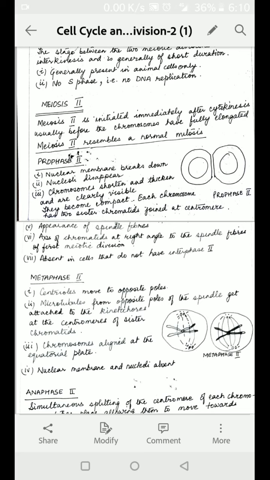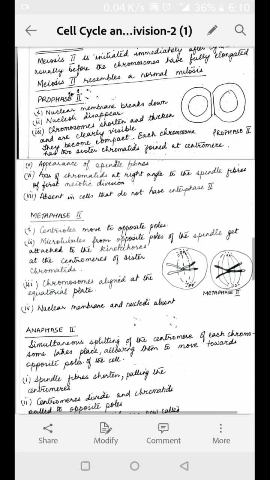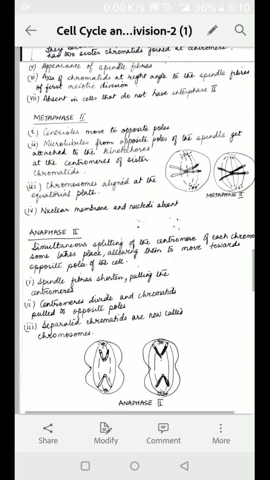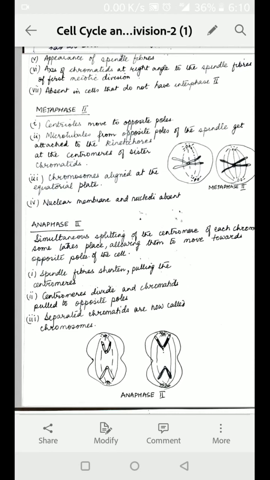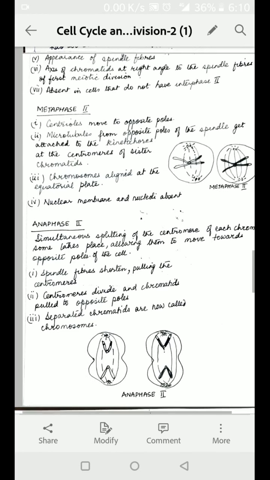Metaphase 2 is followed by anaphase 2. Anaphase 2 begins with the simultaneous splitting of the centromere of each chromosome, which was holding the sister chromatids, and because of this they move to the opposite poles of the cell.